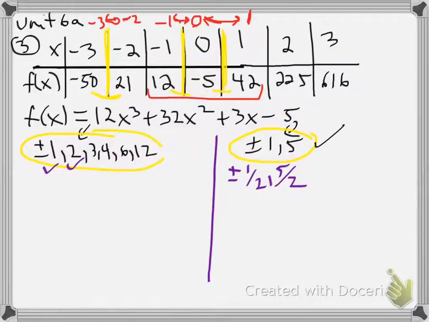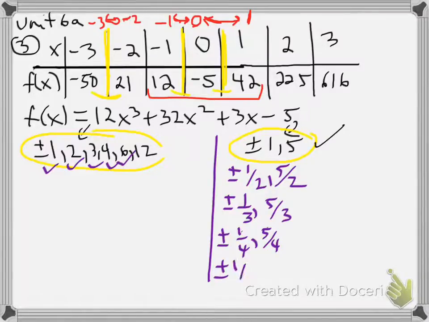Okay, that's awesome. So now we're going to do the same thing here. Plus or minus 1/3 or 5/3. Then we're going to do this one here. Plus or minus 1/4 and 5/4. Okay. Then we're going to do this one.